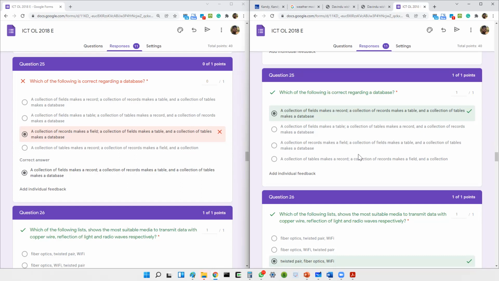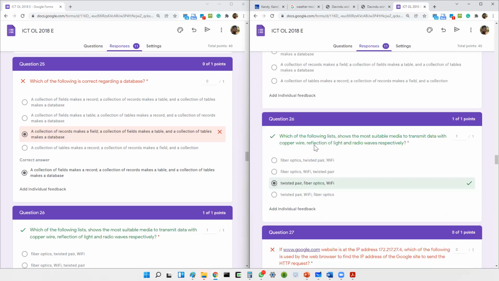Second one is the same. Third one, we are getting a collection of records and then we make it available. No. Last one, a collection of tables makes a record. A collection of records makes a file. So those are the options, and the correct answer is the first one.